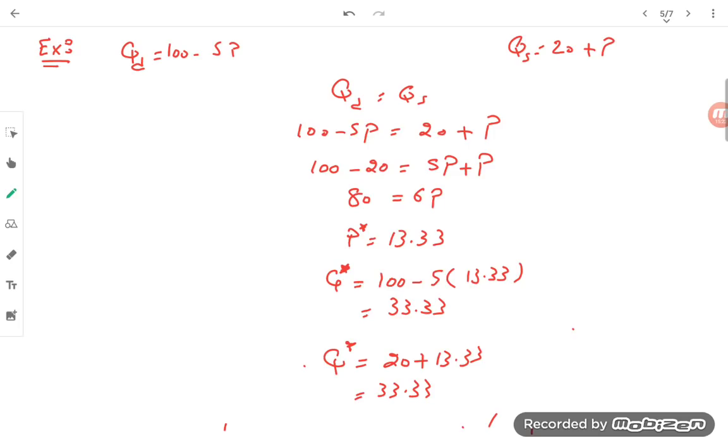Changes in equilibrium condition. This means that the equilibrium price and quantity change when the market demand or market supply curve shifts.